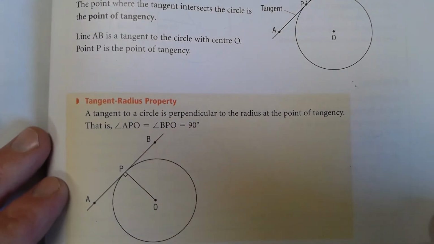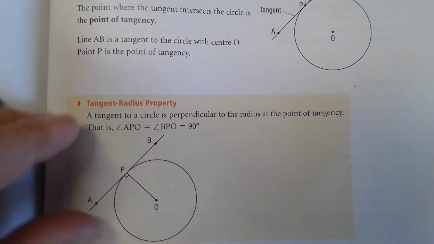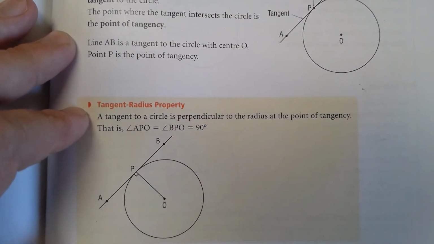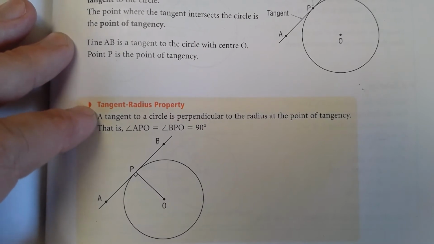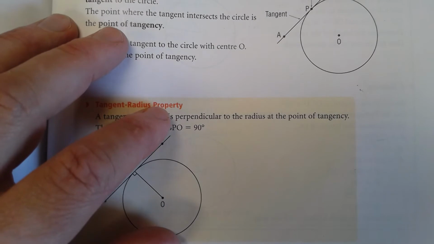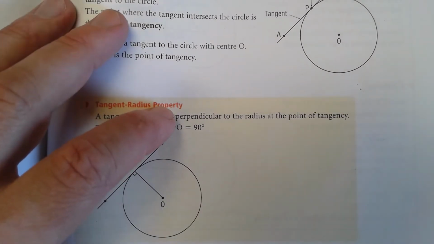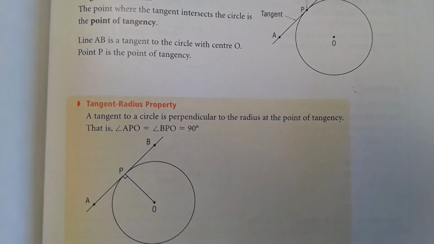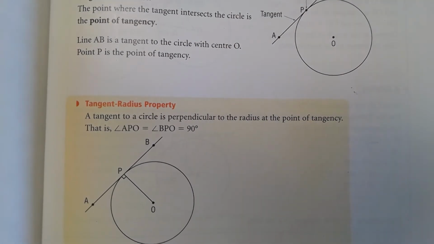Let's look at our little brown definition box on the bottom of 385. Tangent radius property. The tangent to a circle is perpendicular to the radius at the point of tangency. Perpendicular simply means that two lines intersect to form a 90-degree angle. As we established in the opening activity, that's what happens, and that's what perpendicular lines are.